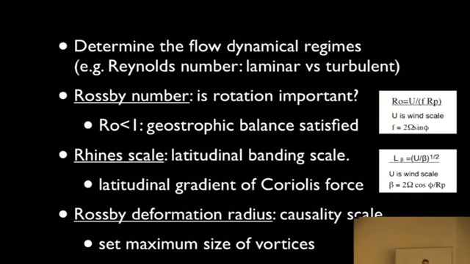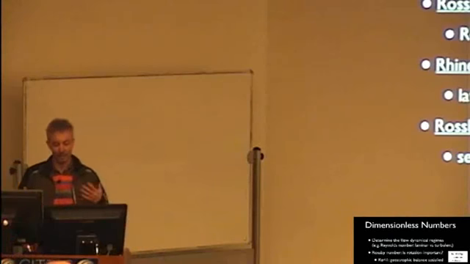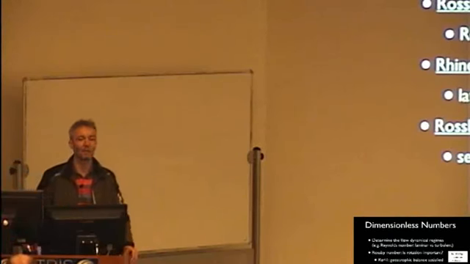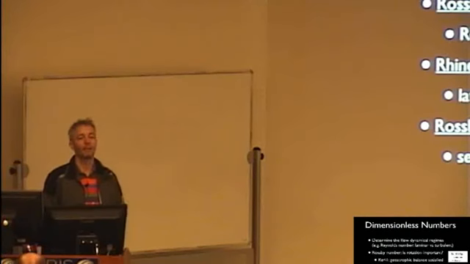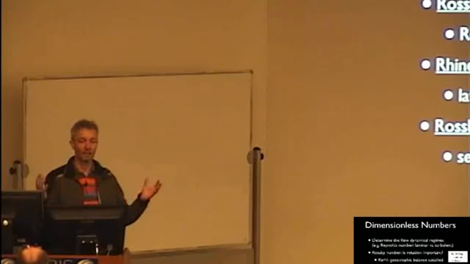So let me remind you briefly where we were yesterday. When we stopped, I went quickly through the arguments of how you move from general fluid equations, hydrodynamics equations, to the primitive equations of meteorology, which are the equations that are satisfied to leading order on large scales in a stably stratified atmosphere.